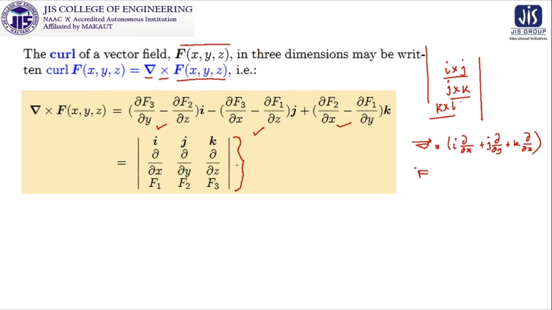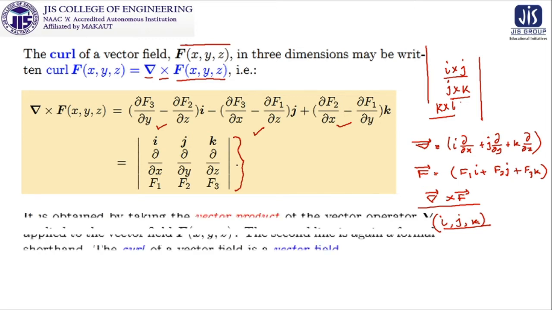And what is capital F here? Capital F is f1 i plus f2 j plus f3 k. So when you do the cross product between them, after simplifying, fundamentally we need the concept very clear for these products.